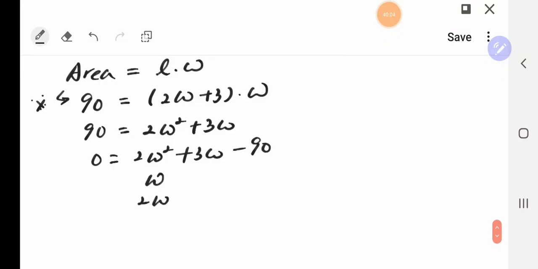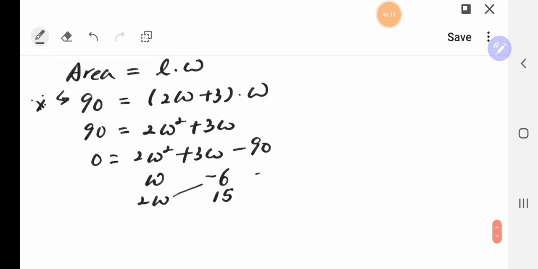And negative 90, we can try, okay, let's try 6. So 90 is 6 times 15. Okay, 6 times 15, and the negative sign should go on 6.